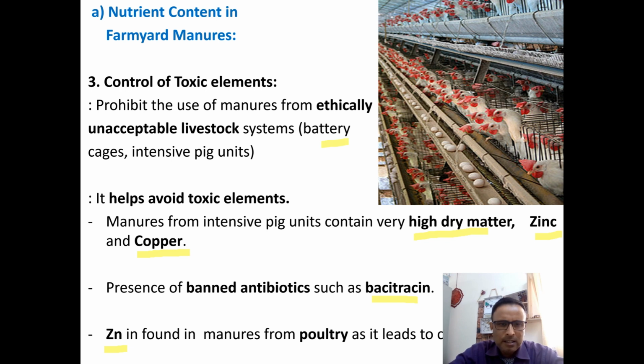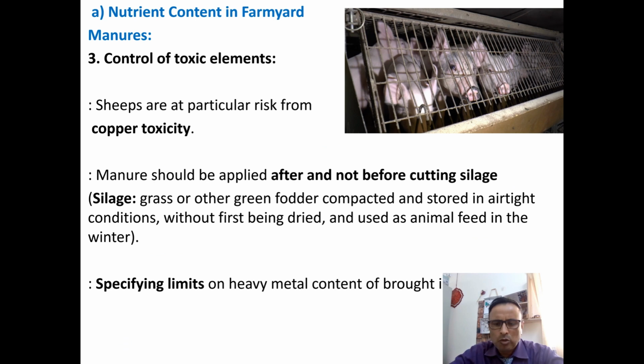So from battery cages and intensive pig units, we generally avoid taking samples to generate manure. If your manure has a higher amount of heavy metals like copper, it shows its effect on certain animals grazing on plants grown with such manure, like sheep. Sheep generally show copper toxicity a lot, right?